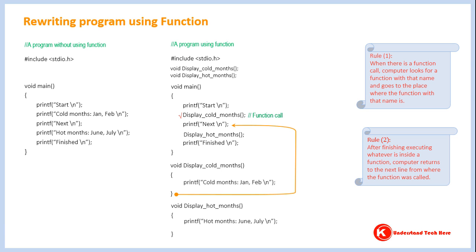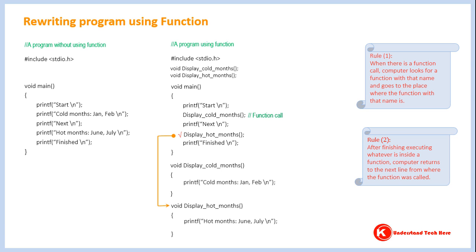Then computer executes next line, which is this. After this, computer goes to the next line, which is again a function call. So as we said earlier, when there is a function call, computer looks for a function with that name and goes to the place where the function with that name is. So from this point, computer goes to this point.